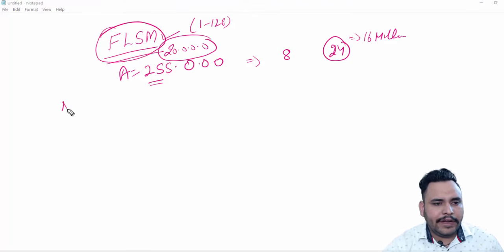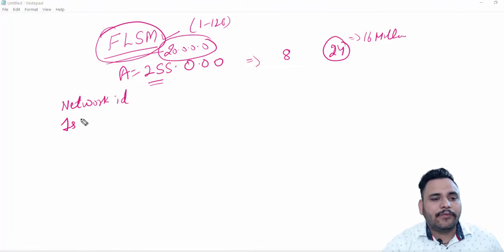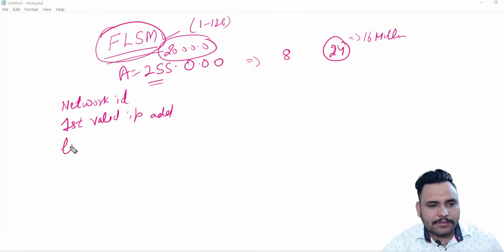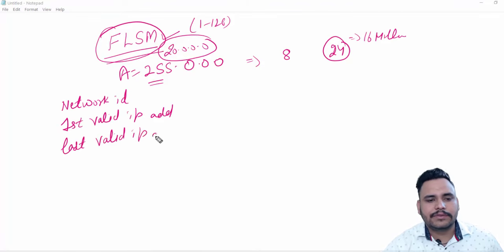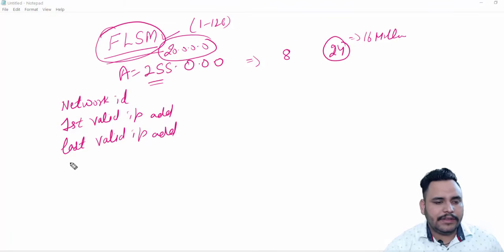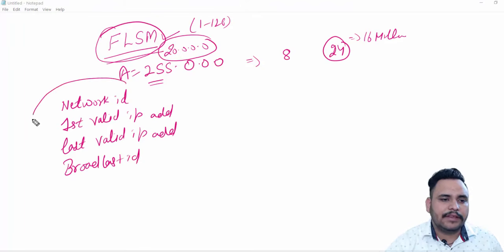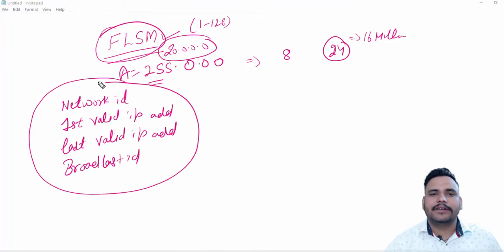We need to find from the IP address what is my network ID, what is the first valid IP address that I can use in my network, what is my last valid IP address that I can use, and what is the broadcast ID. So in FLSM, we need to know about this part.